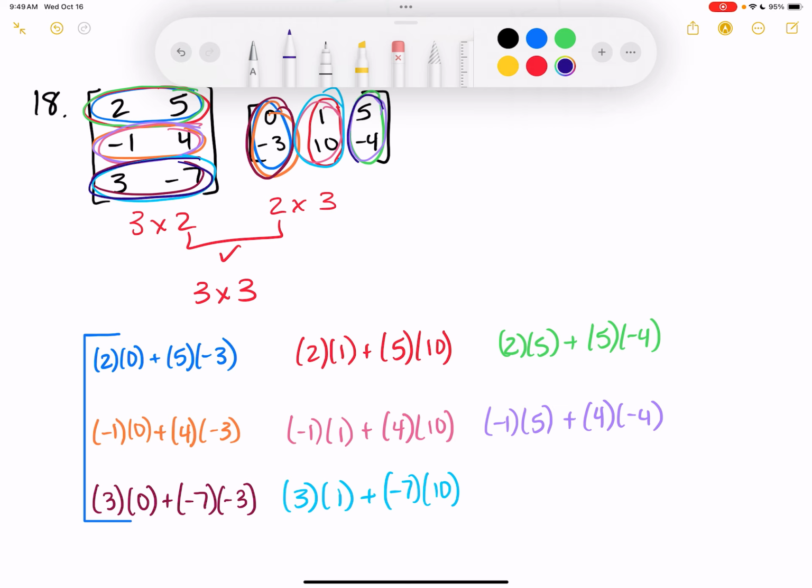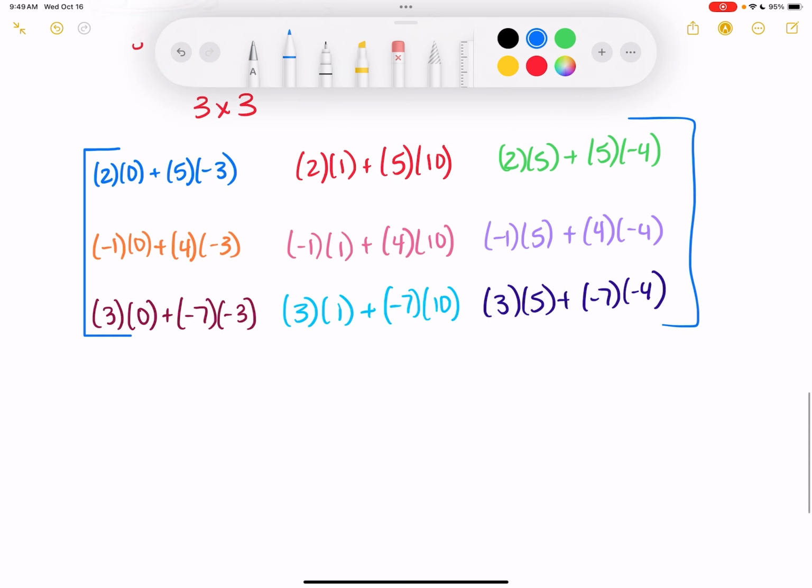Third row, third column, 3 times 5 plus negative 7 times negative 4. Not that bad, right? The more we've done it, the more it makes sense, like how the pattern works.